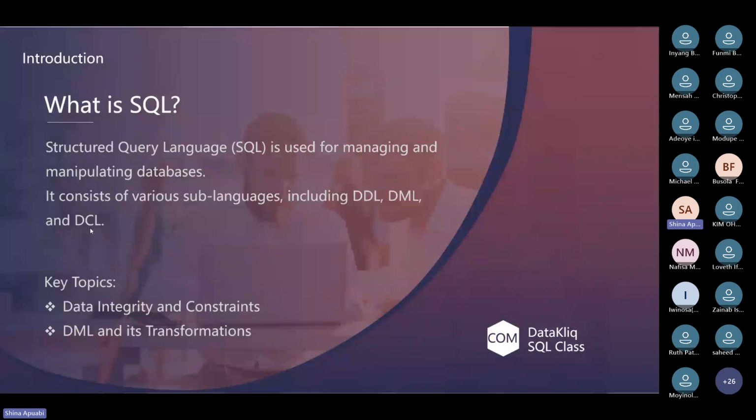And I've noticed something: most data analysts, business analysts, even data scientists or database administrators, normally ignore this very part, the DCL, the data control language. And this part is even more important for people who are into data engineering.